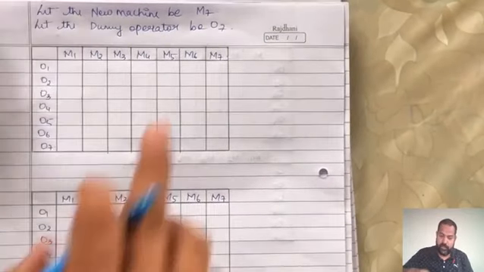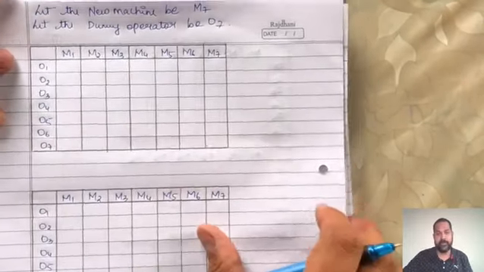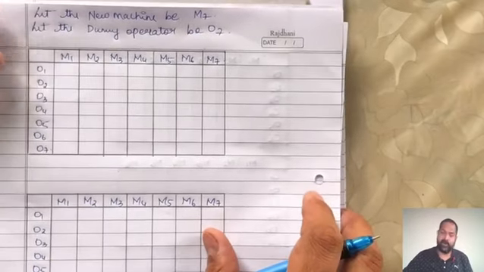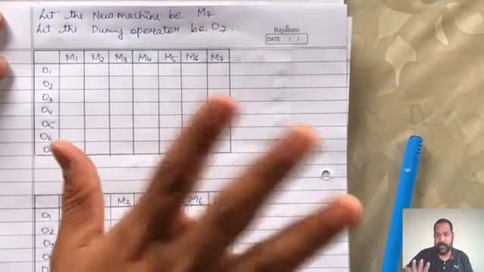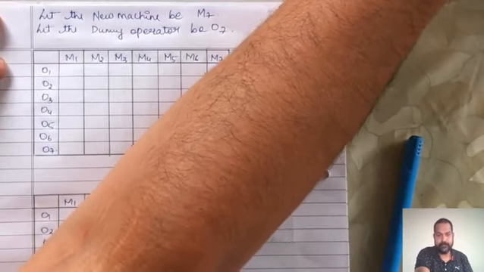So now the new machine is M7, the dummy operator is O7. I will write down whatever I have. I'm going to pause this here and come back with the table ready so that we don't waste time.